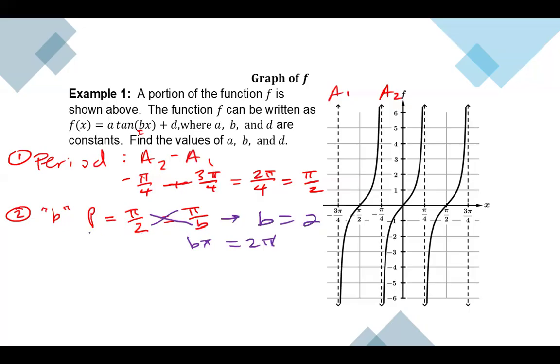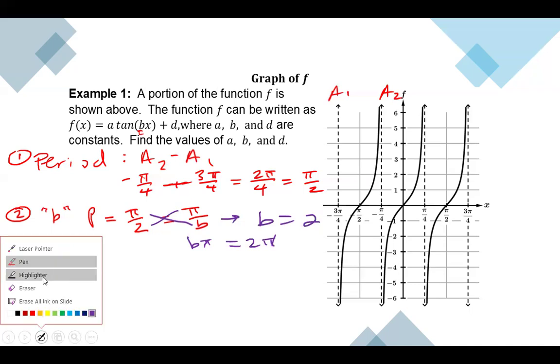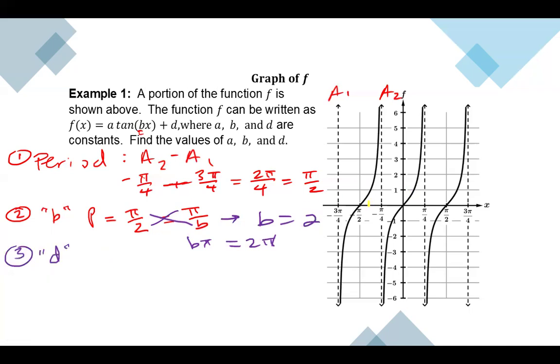Okay? Questions on finding the period and the b? Okay, the third thing that we're going to look at is our vertical shift. So we're going to look for our d. When you're looking for your d, you're looking to see, did the center of your tangent move?